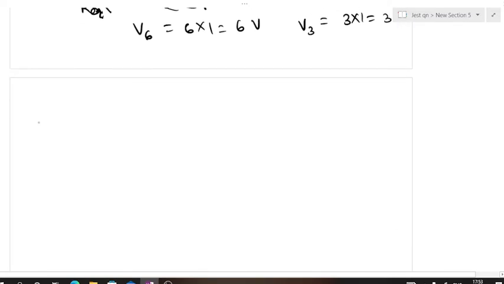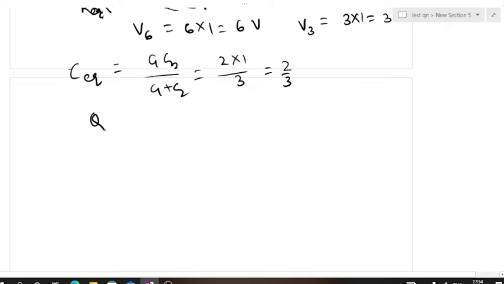So C equivalent will be as connected in series, so C1 C2 divided by C1 plus C2 is equal to 2 into 1 divided by 3 is equal to 2 by 3. So as you know, Q equal to CV, charge stored.